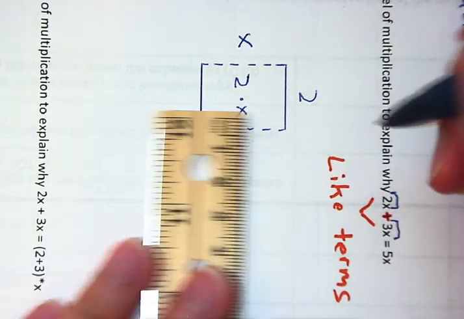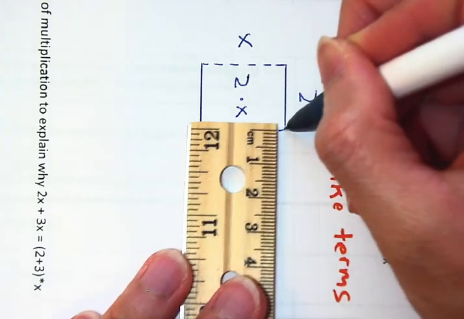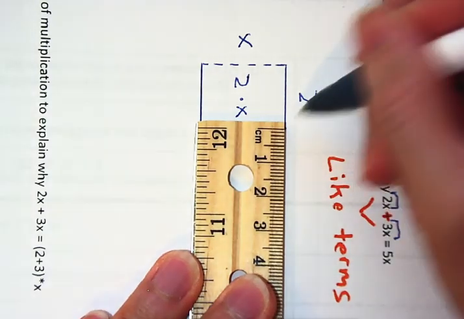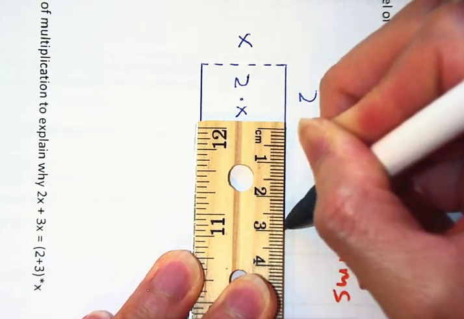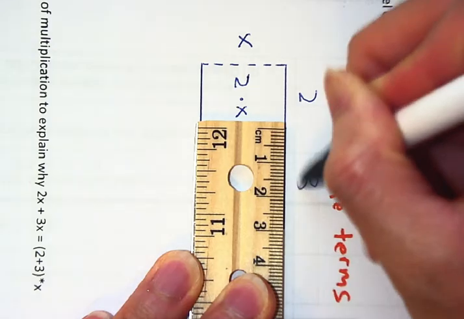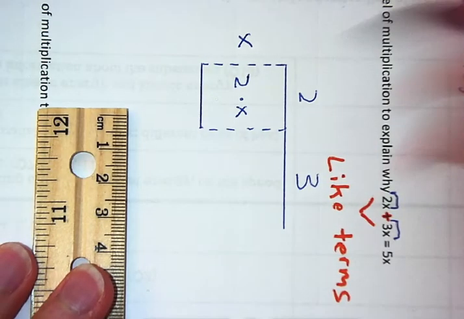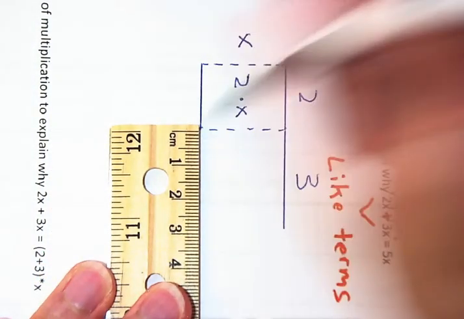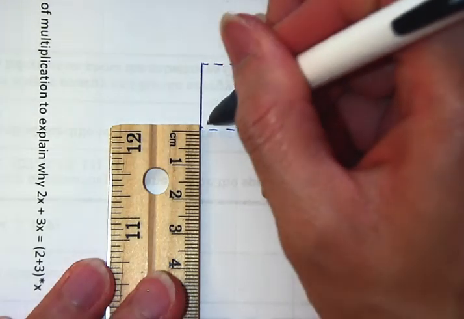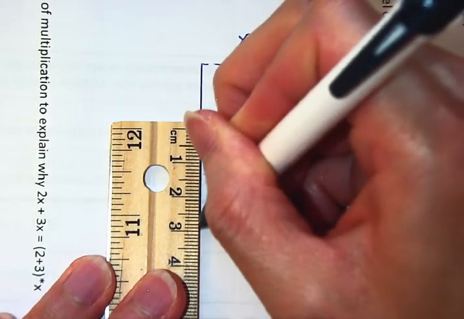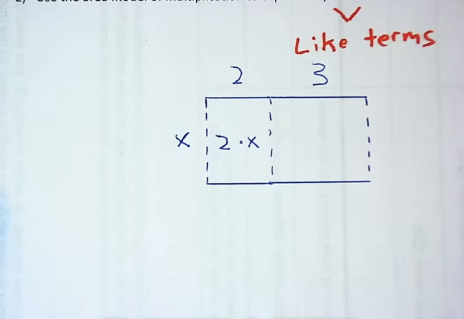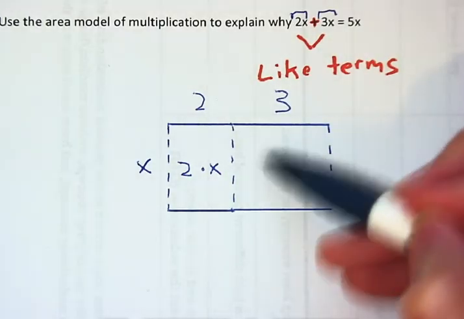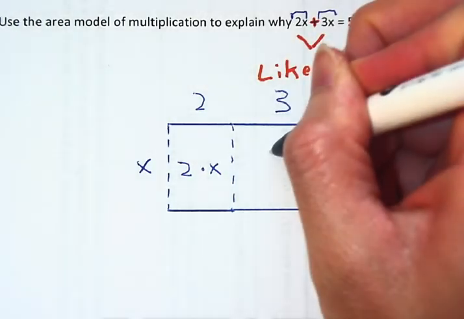Okay. So then we have another rectangle that is 3 long this way. And this area right here is 3 times x, or just 3x.